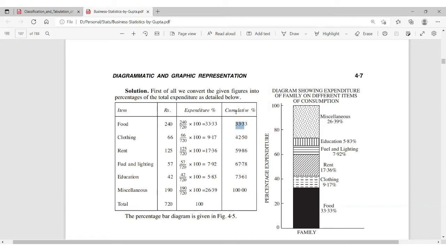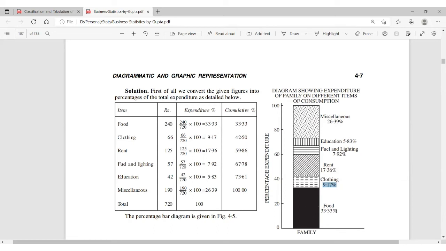See the cumulative, because it is easy to draw from the cumulative percentage. From below, for food, 33. In the 33, we mark wherever 33 shows, and we make a line; in this example, he just fills this with black.